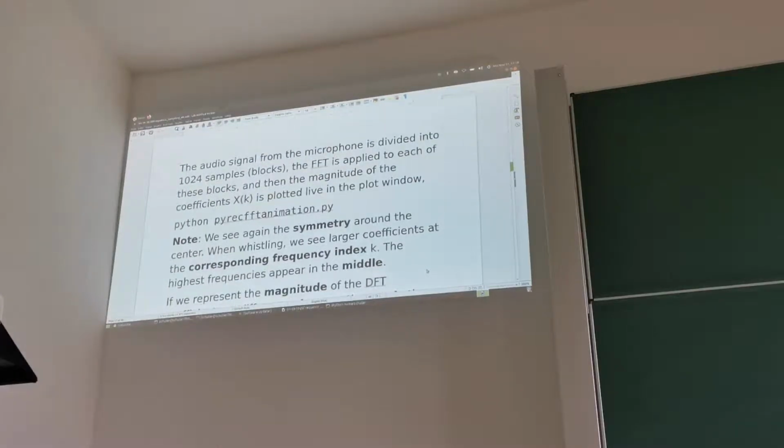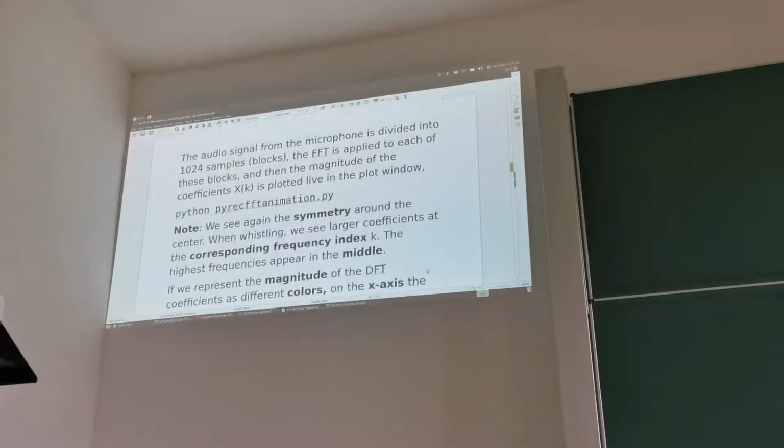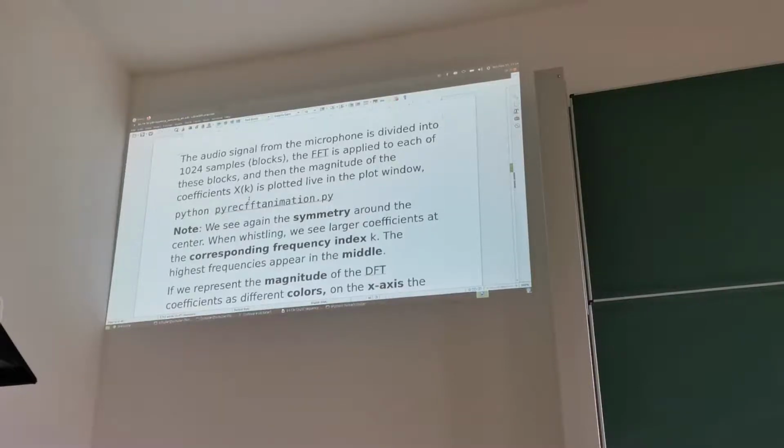Now I have a little real-time Python example of a microphone signal. This little program uses blocks of 1024 samples, so capital N in this case would be 1024. The FFT is applied to each of those blocks, and then the magnitude of the coefficients. Remember, we have complex value coefficients, so we can take the magnitude. What's the magnitude of a complex value? Remember?